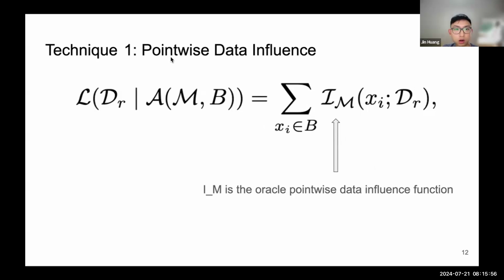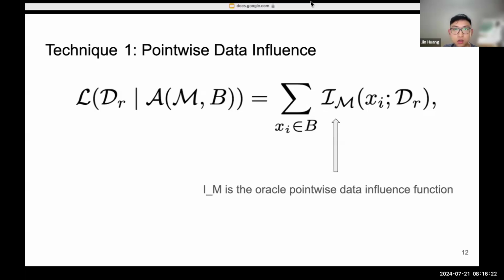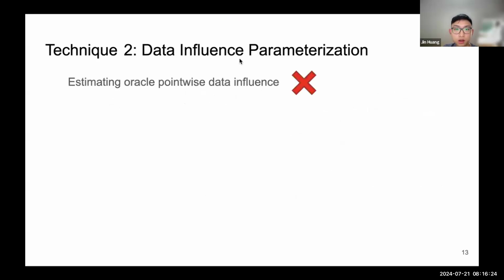Yeah, so that's the first part. In this part, we are reducing the problem from exponential to linear, in that we're just summing up over all the single data points. But the challenge remains that we will not be able to calculate Oracle point-wise data influence in a very strict sense. So the second technique is that we will parameterize this data influence.